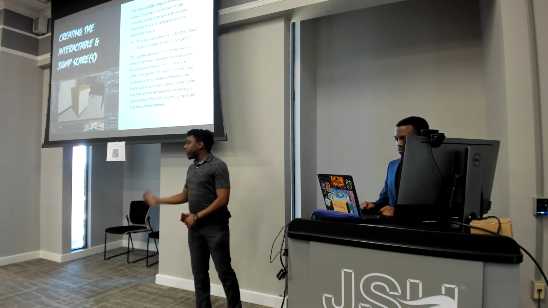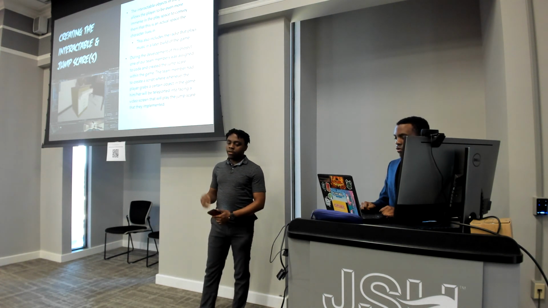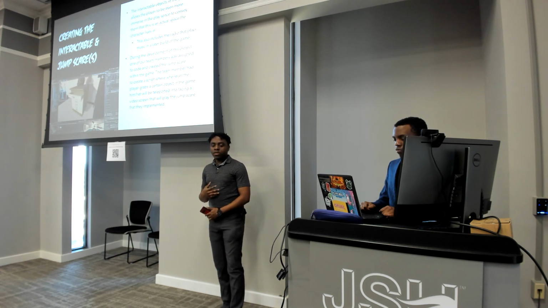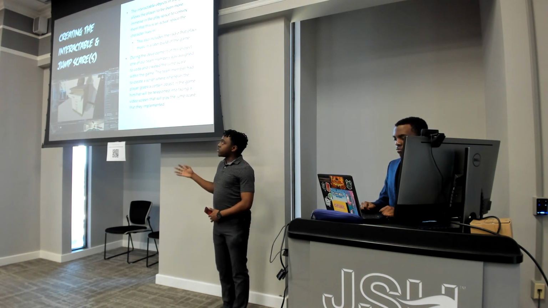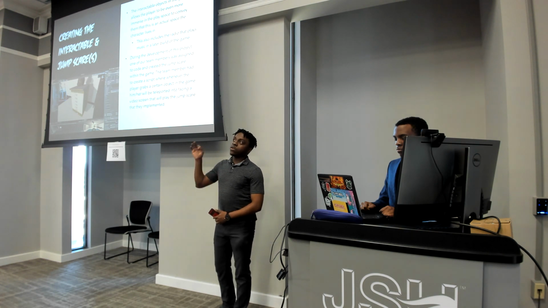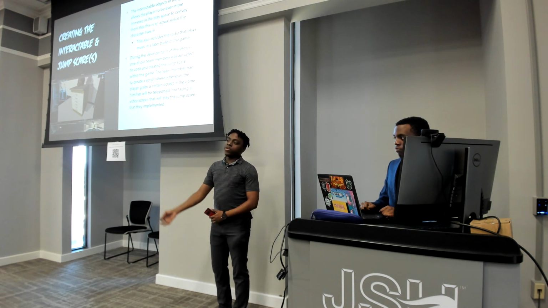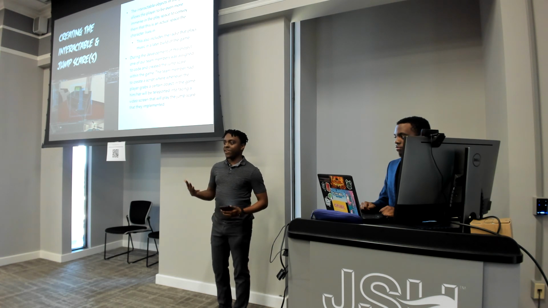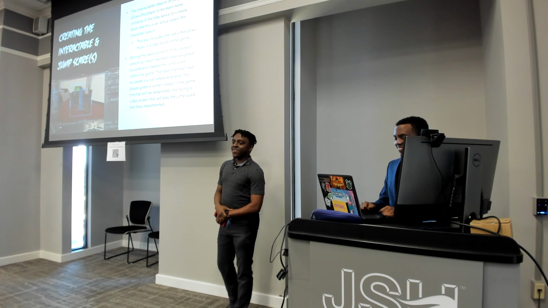So, creating the jump scare and the interactables within the VR game was my task. So pretty much with the jump scare, how to integrate it in the game, where in the lore you got to pick up notes. So we were going to start off with 3 notes, where as you go on, you're collecting the notes. Everybody knows Slender Man, how you got to collect 8 notes. Boom, bada bing. The Slender Man comes and scares you.